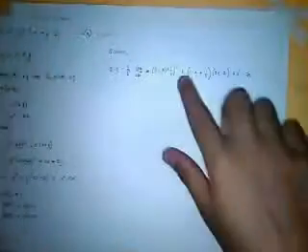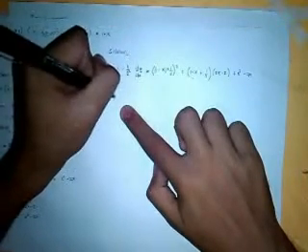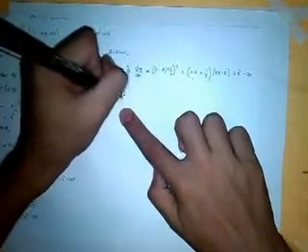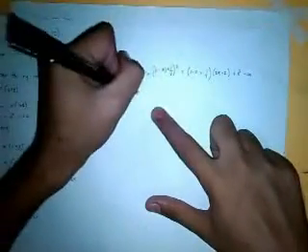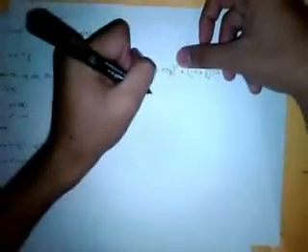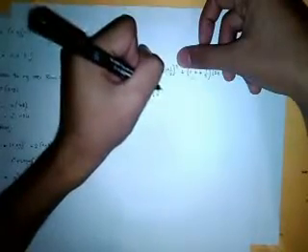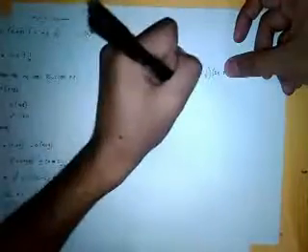Transposing 1 over there, we have 1 over z squared dz over dx equal to 1 minus x squared from this thing over here, plus 2 times 1 minus x times 1 over z, plus 1 over z squared.